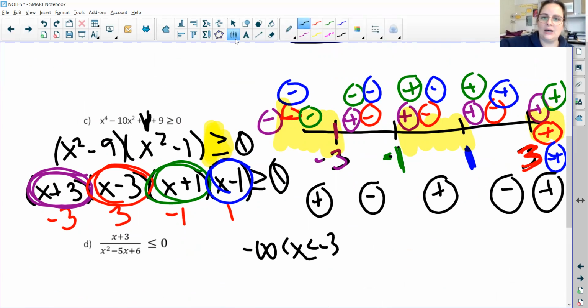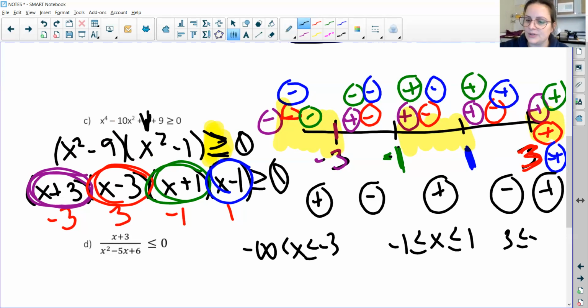And then it was this middle section here where x was between -1 and 1. And of course, because it's greater than or equal to 0, we're going to put those lines under our inequalities as well. And then that last one, it goes from +3 to +infinity.